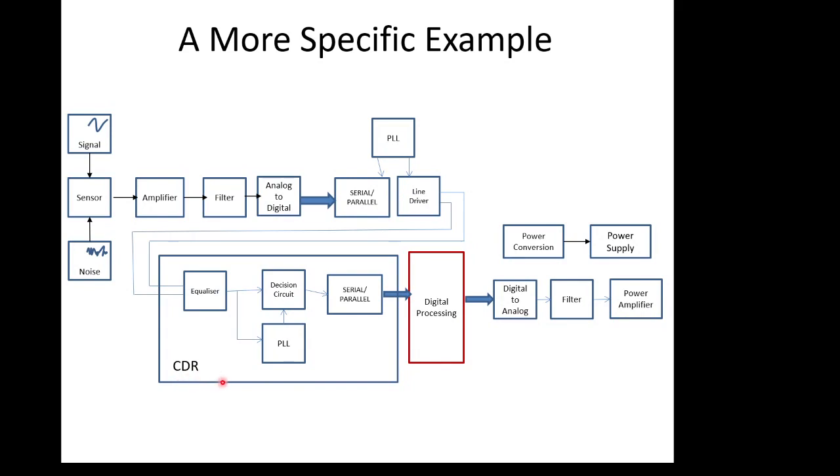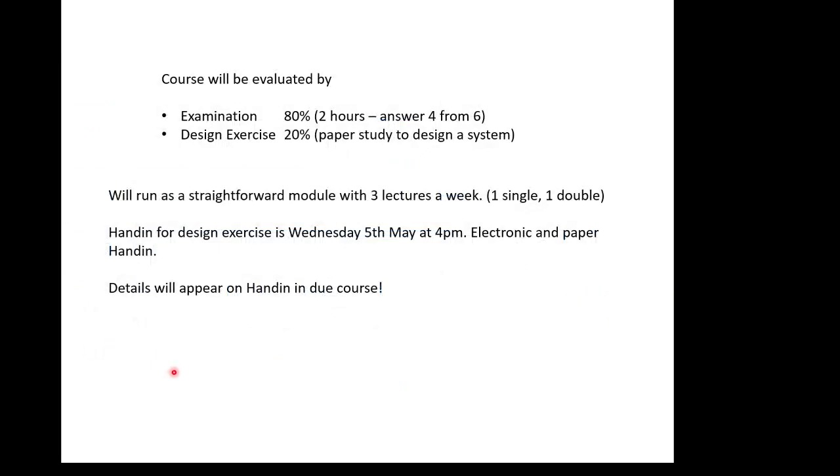So it's the same kind of thing, but a little bit more specific there. But you can see how all these things come together: line drivers, transmission lines, phase lock loop for clock recovery. We still need power, and we've got everything else going on there. So this is the general idea of what's going on.